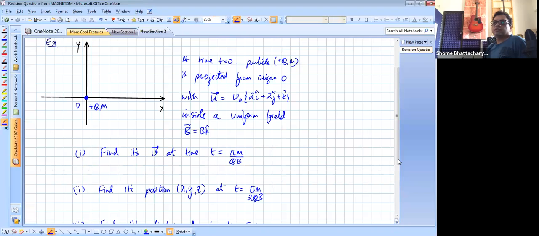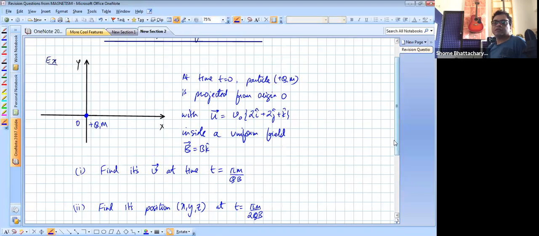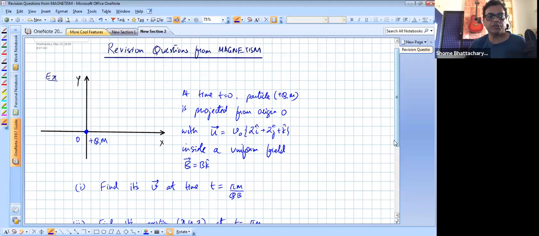But first of all, you have to understand the question itself, what kind of path the particle will follow, etc., from the given information. So just start with this. We will discuss about this question.